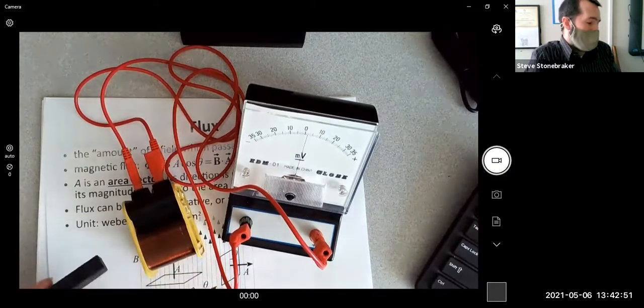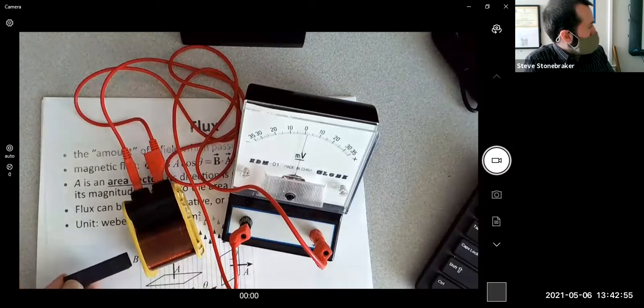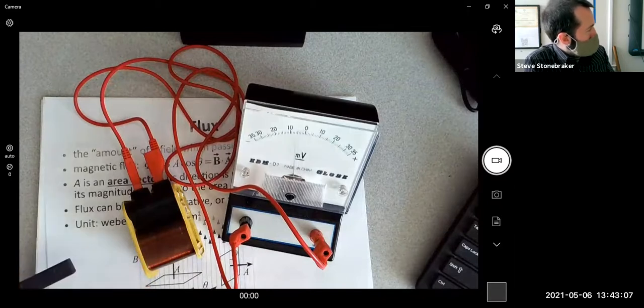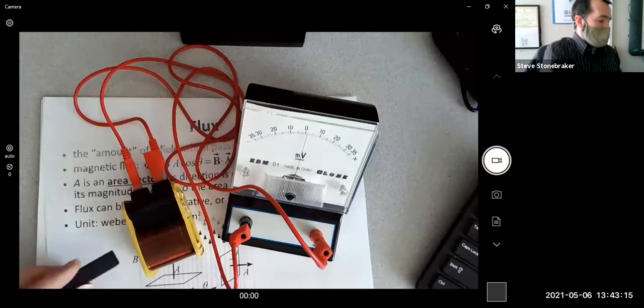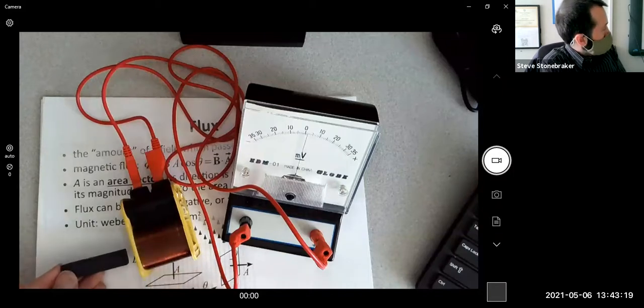It also depends on the speed at which I make the change. If I bring the magnet inside very, very slowly, you don't really see much of a response in terms of voltage being generated. But if I move fast, then you can see a big change. And if I flip the coil itself around, that also reverses things.